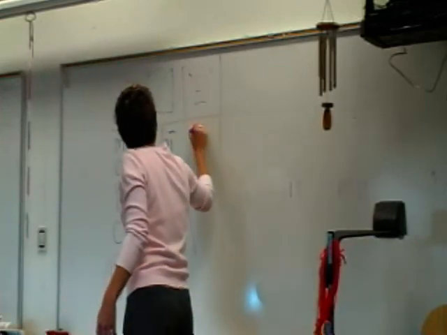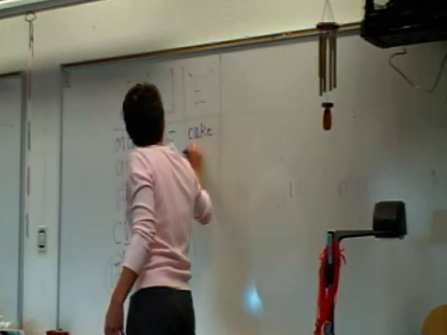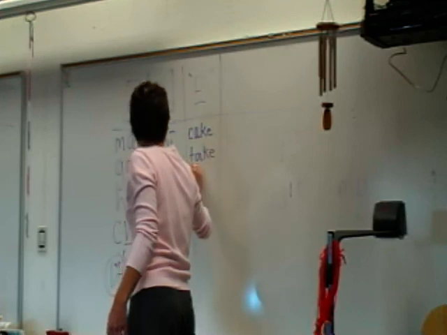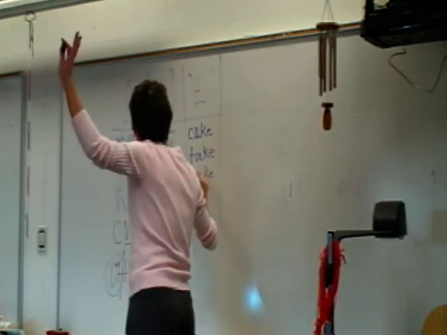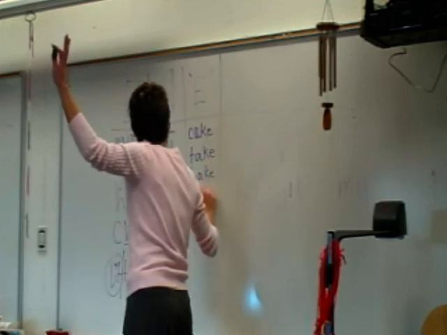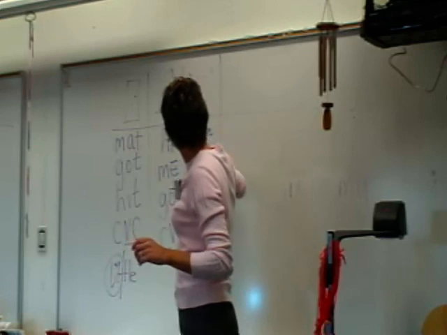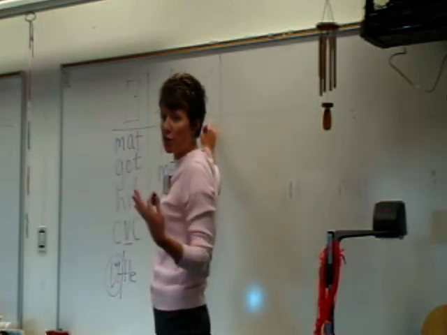But it comes in words like cake, take, bake, very good, lake. Okay. These E's here on the end actually are indicators, are markers for us.